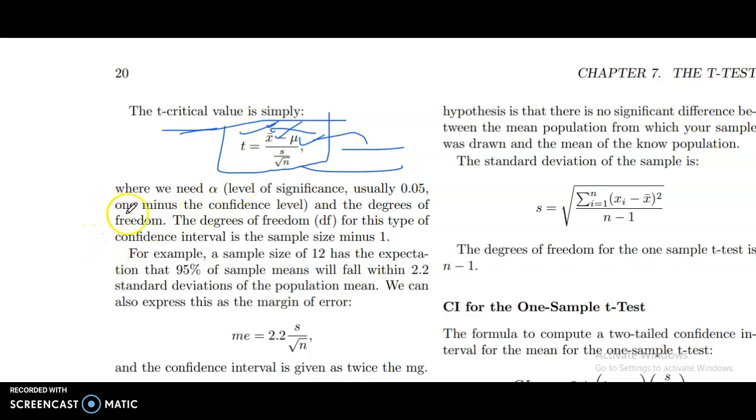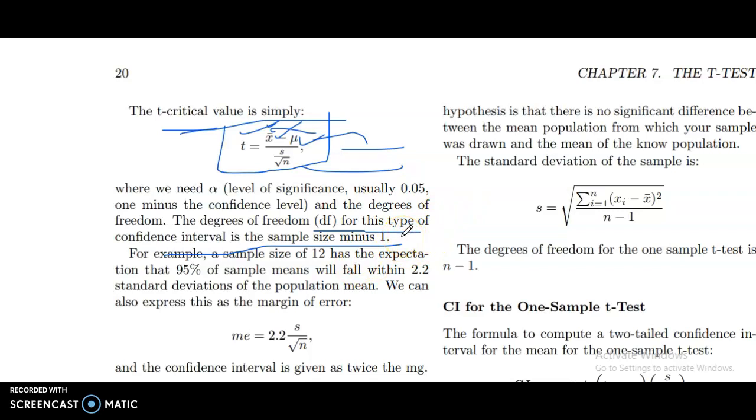We need the alpha level of significance, usually 0.05, which is 1 minus the confidence level, and the degrees of freedom. The degrees of freedom for this type of confidence interval is sample size minus 1.